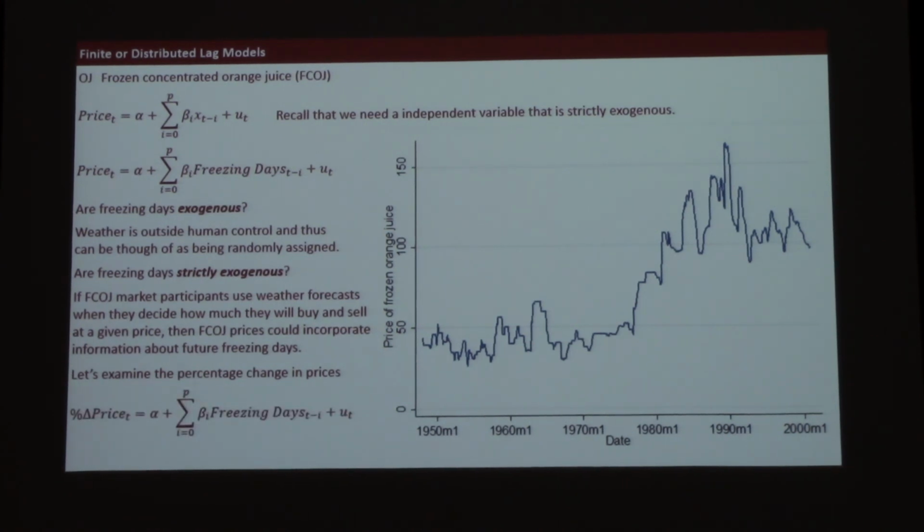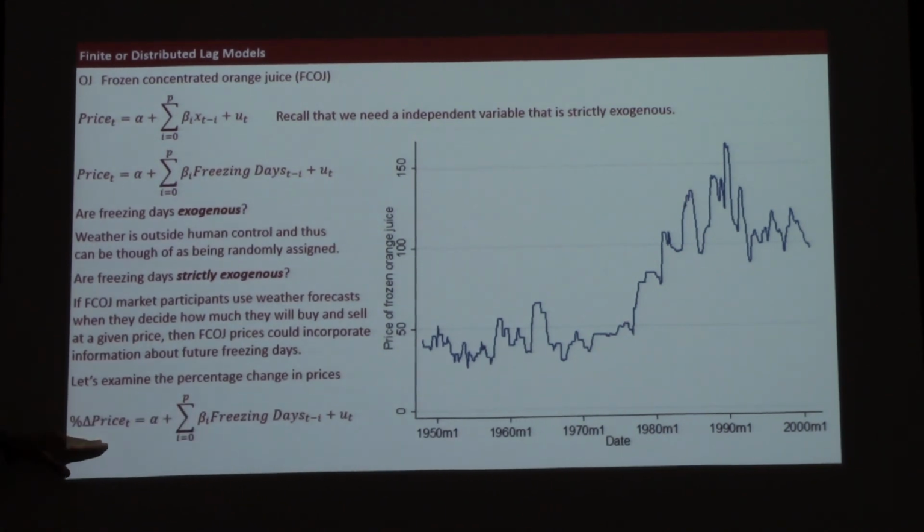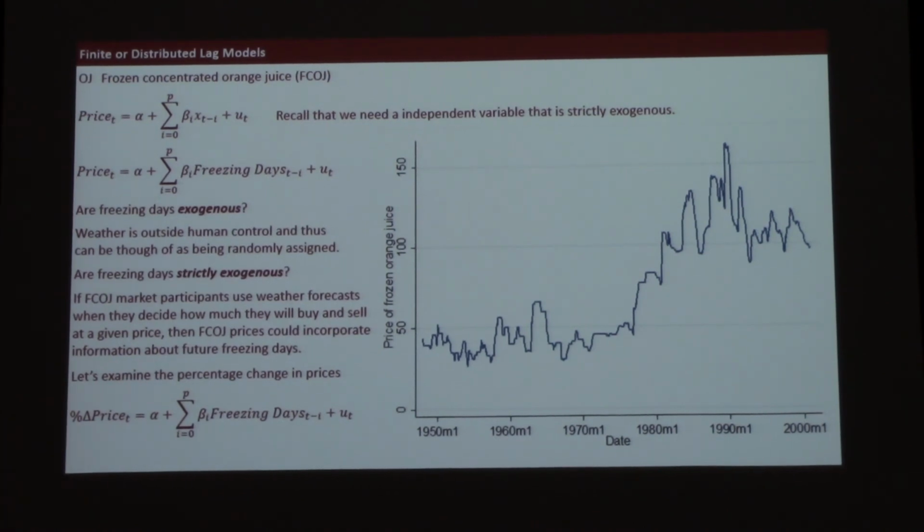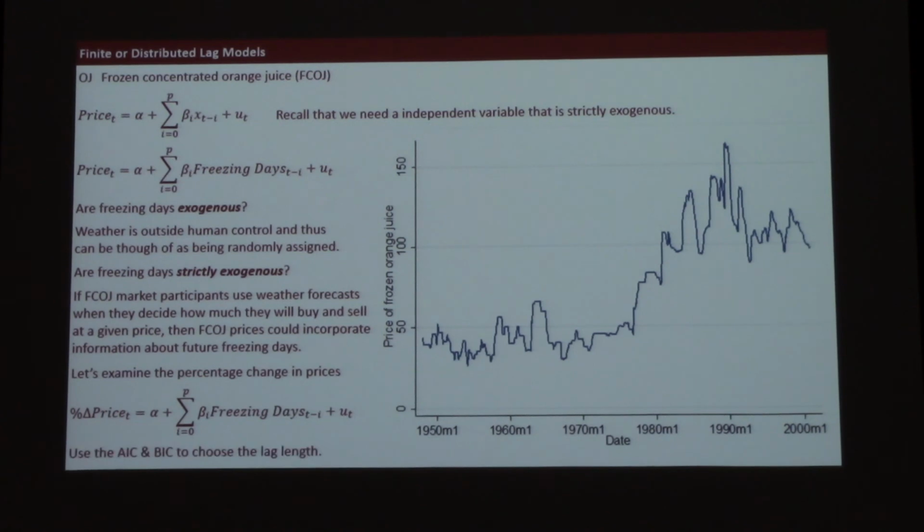So instead of looking at prices, which is what this is, we're going to look at delta, the delta change in prices, percentage change in prices, which is basically this period minus last period. And we're going to use our information criteria to choose a lag length. All right, so determine the lag length using the information criteria. Yeah, we got all that stuff. Smaller values are better.